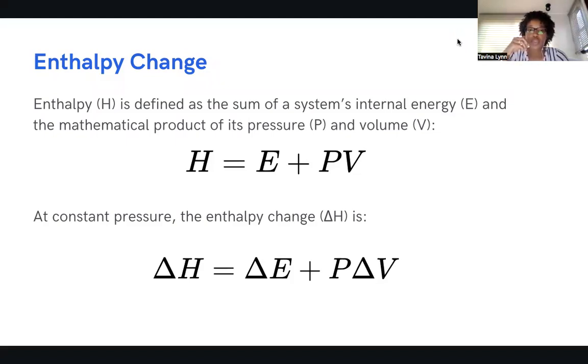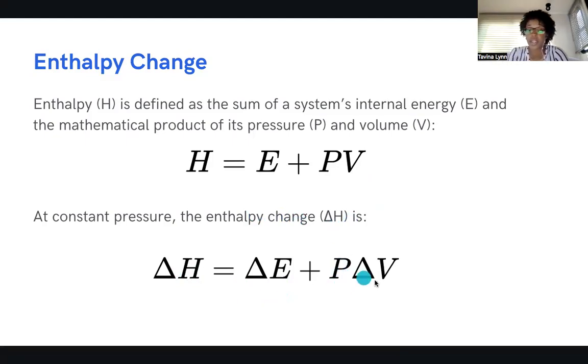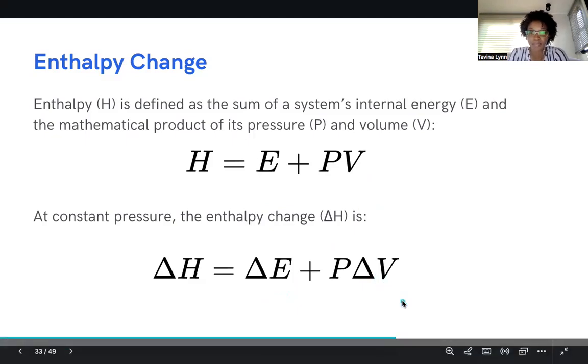This is the actual mathematical equation: H is enthalpy, equal to the internal energy plus pressure times volume. At constant pressure, we can measure the change in our enthalpy using this equation, which is the change in energy plus the pressure, which is constant, times the change in volume.